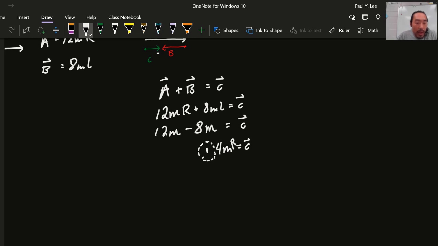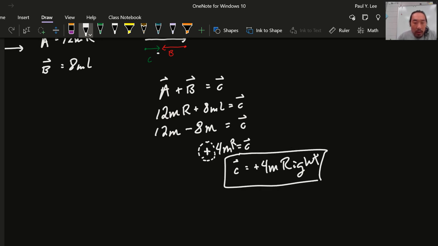And so this is an unwritten positive. So that positive tells us that we ended up to the right. But let's make this most definitely correct. Positive 4 meters to the right. Yeah, we're covering all our bases there. All right, no room for ambiguity. So that's the tip to tail method.